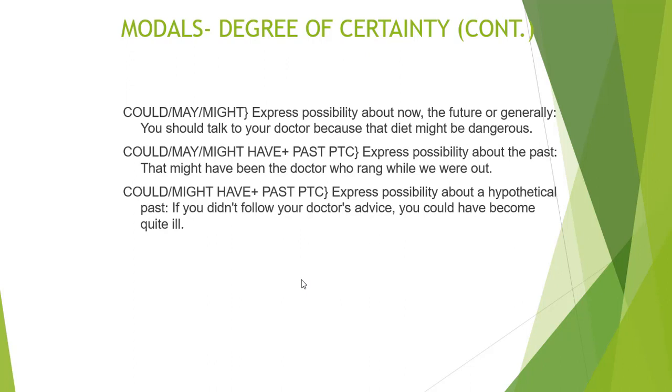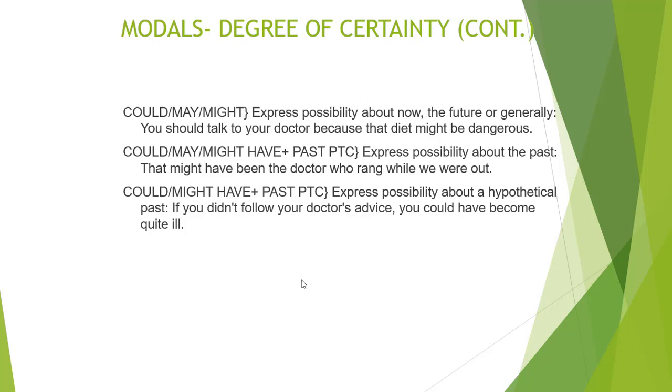Modals of degree of certainty. Could, may, might. They express possibility about now, the future, or in general. You should talk to your doctor because that diet might be dangerous. Okay.